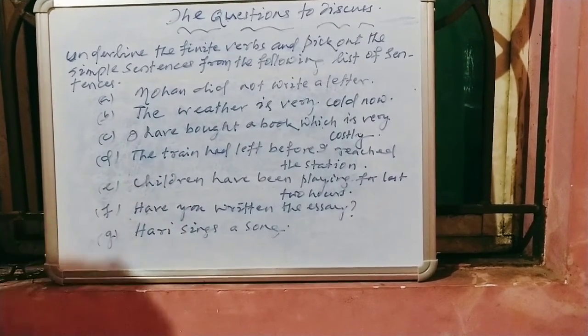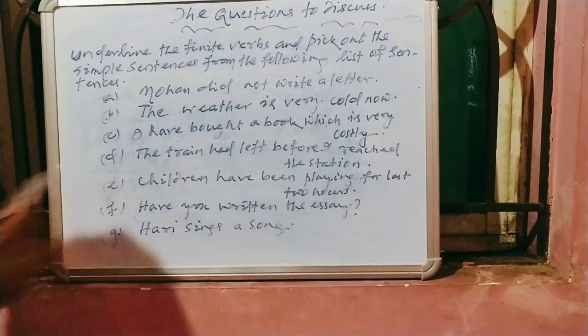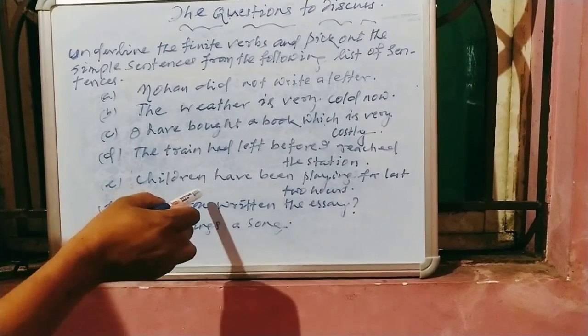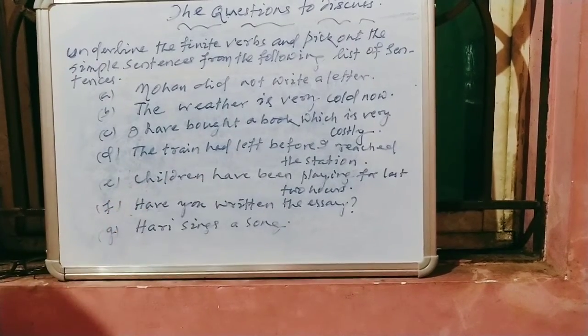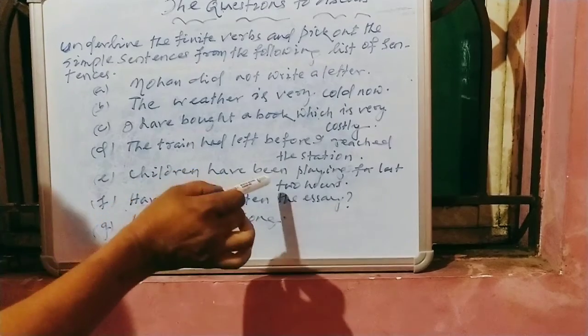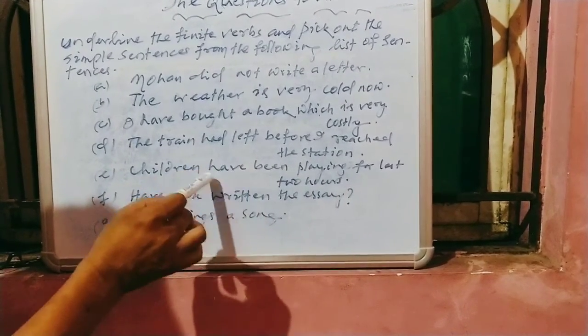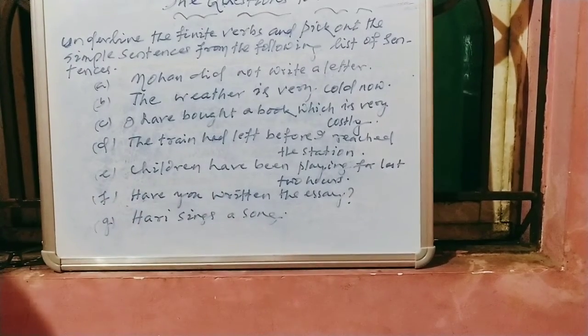And in the fifth sentence, we have the children have been playing for last 2 hours. So the sentence is in present perfect progressive, and it is definitely a simple sentence as we have a single finite verb. This is have.